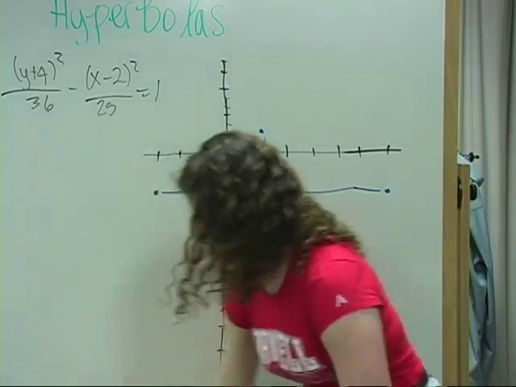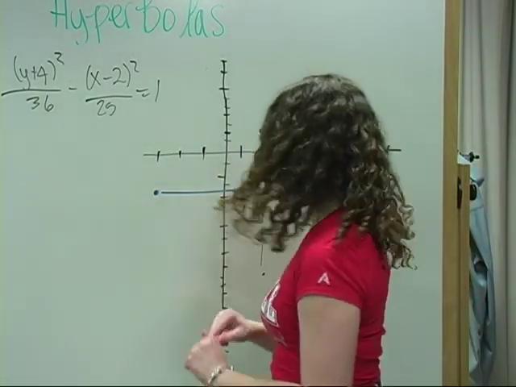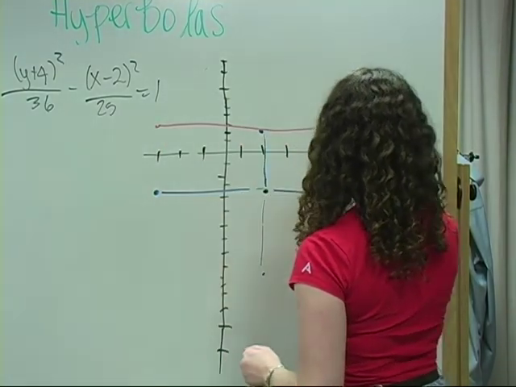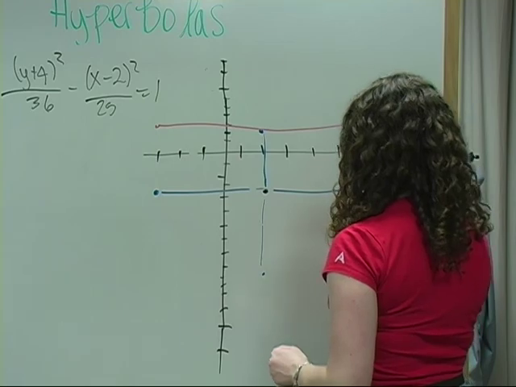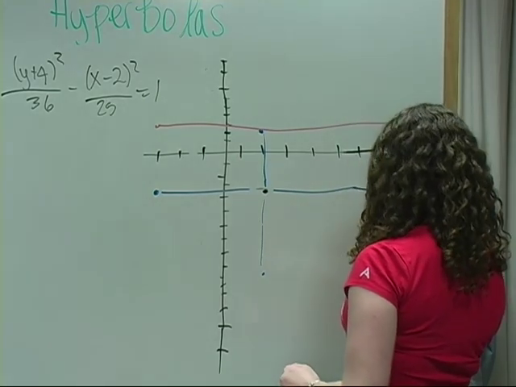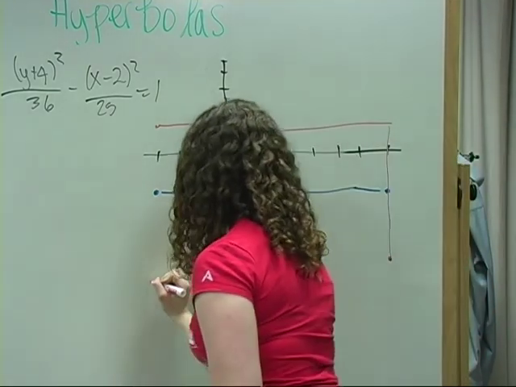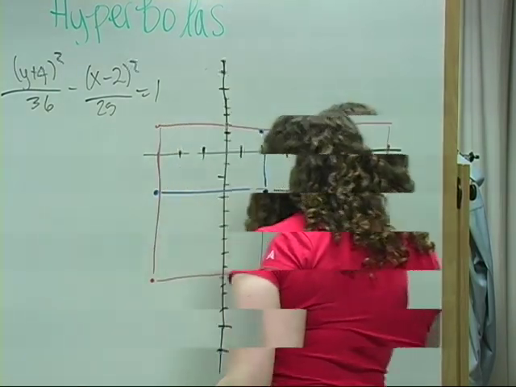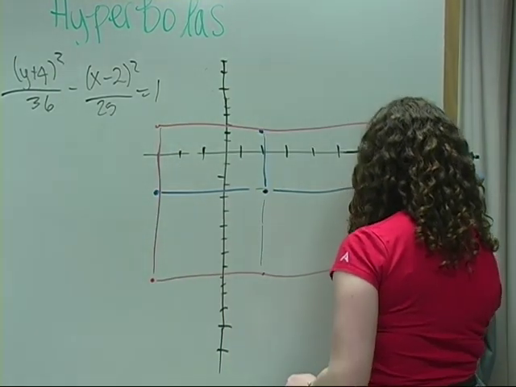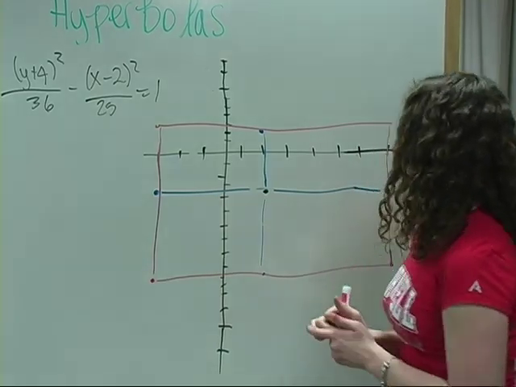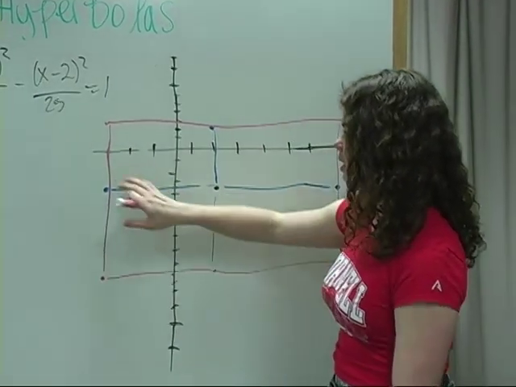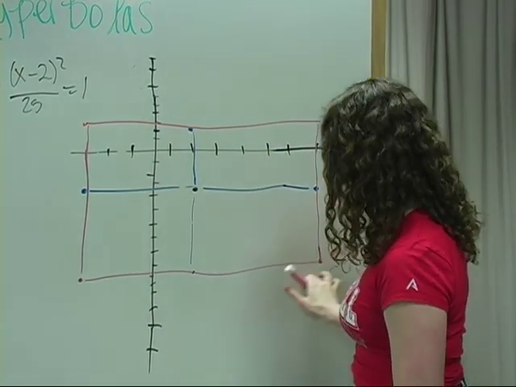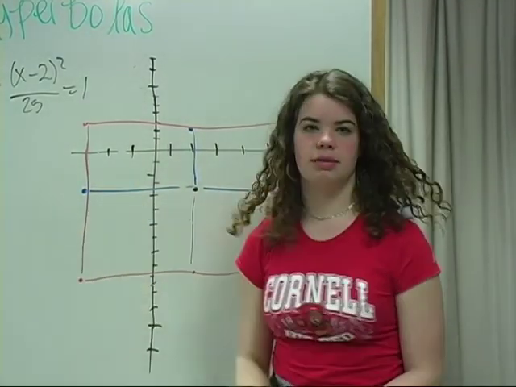Now, all you have to do is connect the dots. So that became our box. This is B, and that's A, this is A, and this is B.